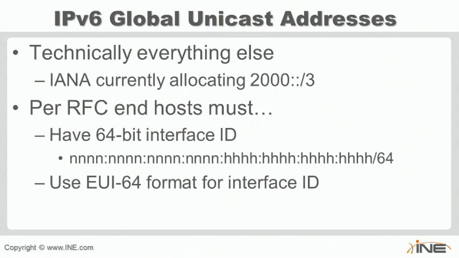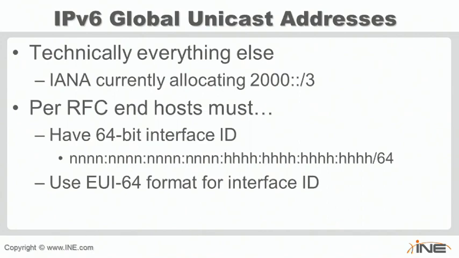Now, the RFC technically says that any address that is being allocated in the network to an end host must have a 64-bit interface identifier that uses the EUI-64 addressing format. So this means that your end host or your router who actually has an IPv6 address assigned, they're always supposed to be /64.